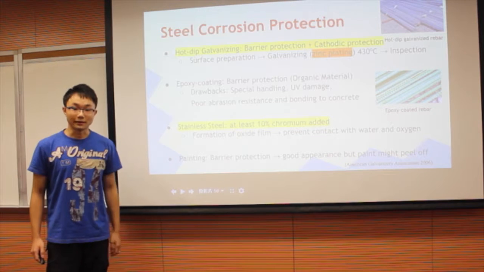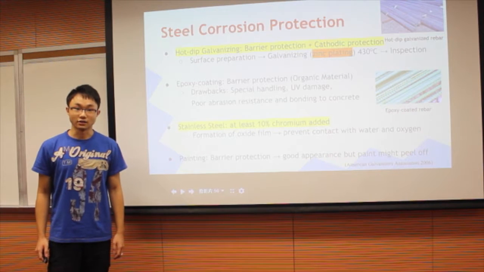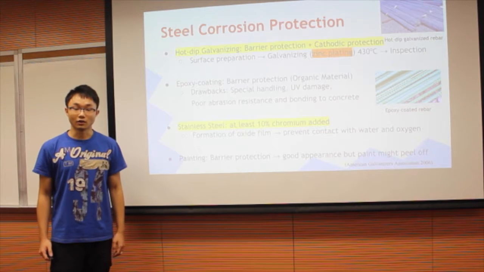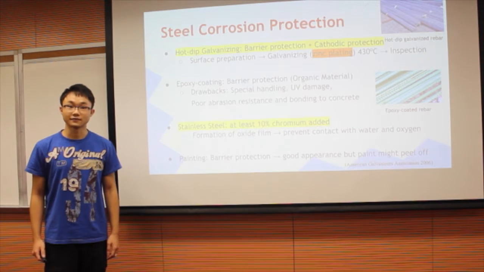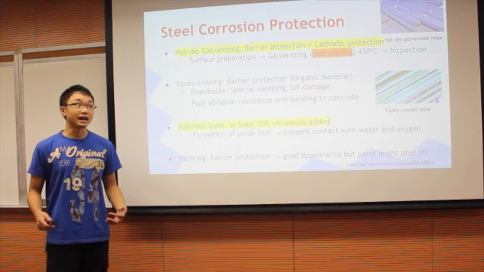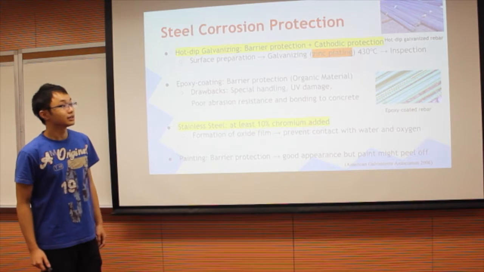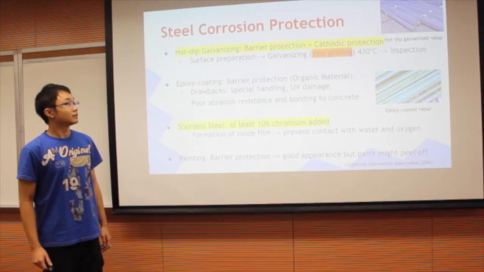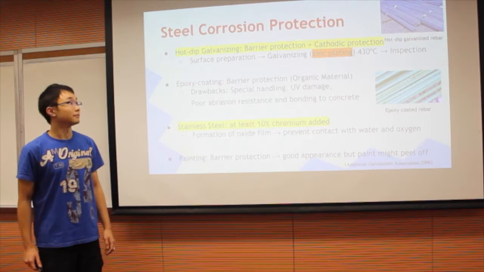Now I'm going to talk about steel corrosion protection. Steel is commonly used as reinforcement bar or formwork for construction. And in construction usage, hot dip galvanizing is very common for the protection of reinforcement bars.